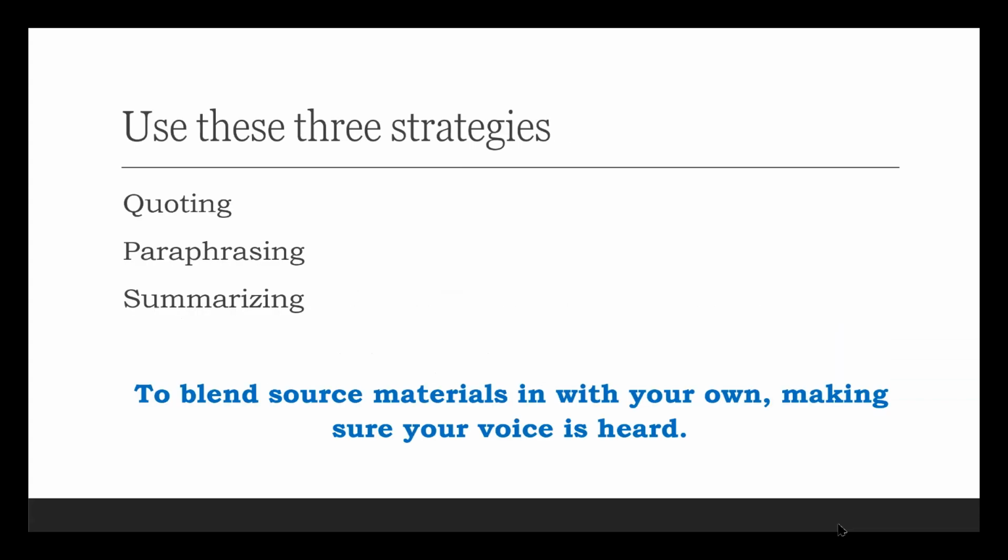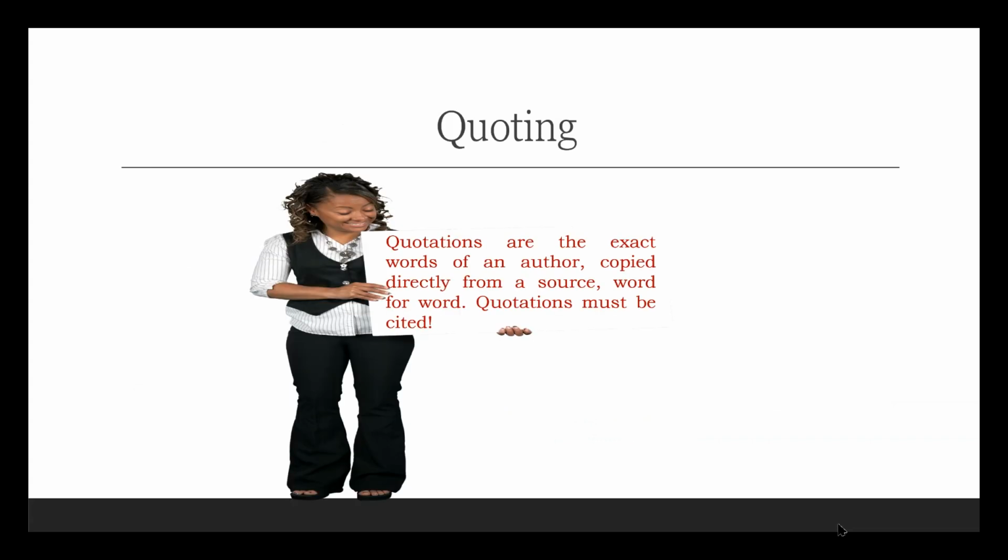Use these three strategies: quoting, paraphrasing, and summarizing to blend source materials in with your own, making sure your own voice is heard. That means you're going to write with the material and rephrase, that is, write with your own words to avoid plagiarism.